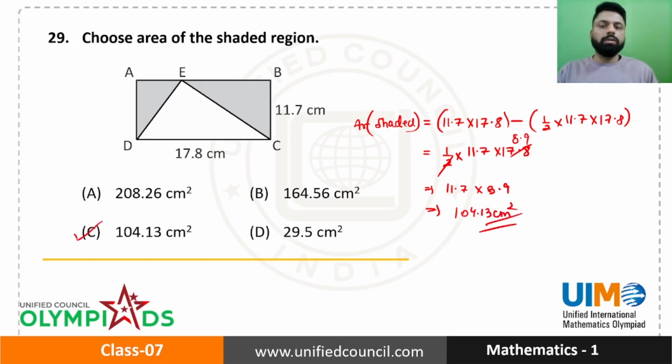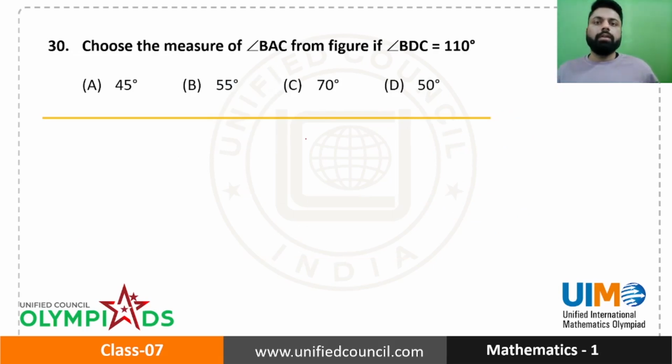C option. Choose the measure of angle BAC if angle BDC is 110 degrees. So BAC, if angle BDC is 110 degrees, we need to measure the angle BAC and angle BDC.